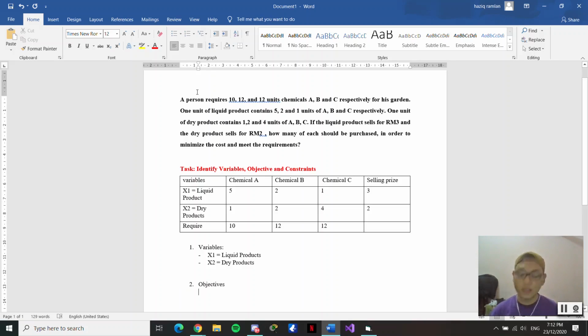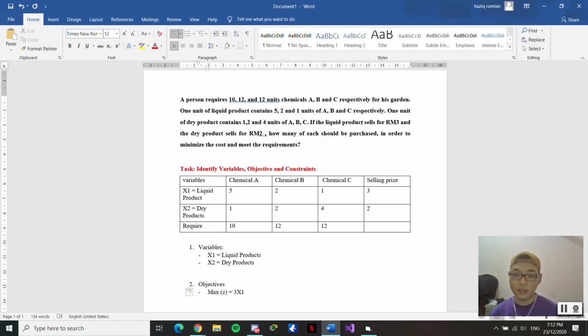And then I'm going to put over here the maximum of the products is equivalent to 3 and 2, because that's the selling price. So I'm going to put 3x1.